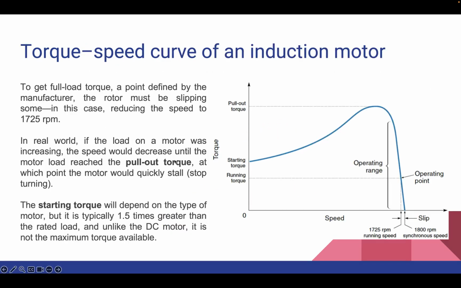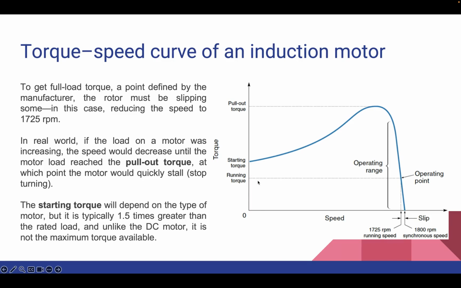Now here comes the torque speed curve of an induction motor. This torque speed curve is very useful for understanding the motor behavior. This curve shows torque available at various motor speeds. So this is the speed, and here is the torque.